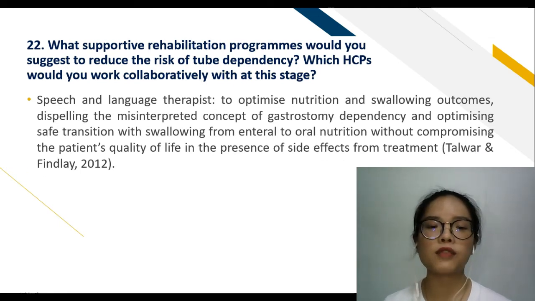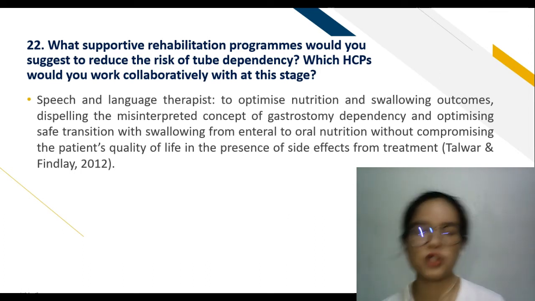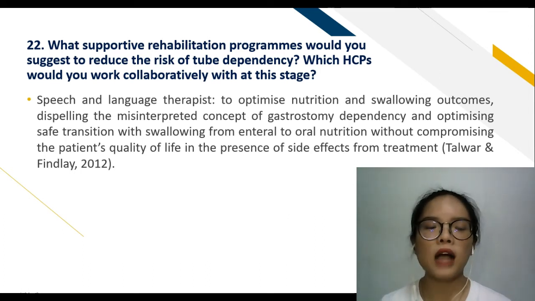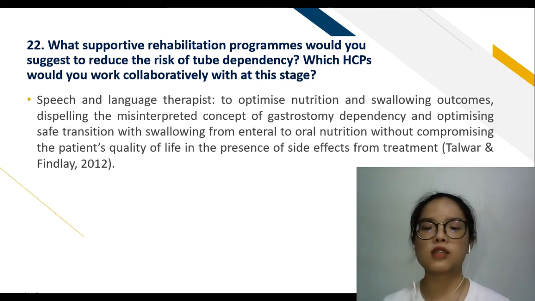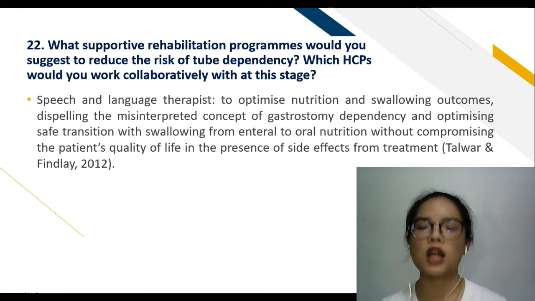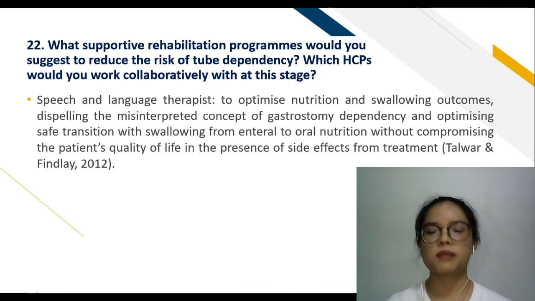The other supportive rehabilitation programs that I will suggest to reduce the risk of tube dependency for John are speech and language therapies. This is to optimize the nutrition and swallowing outcome, dispel the misinterpreted concept of gastrostomy dependency, and optimize the safe transition from enteral to oral nutrition without compromising John's quality of life in the presence of the side effects from treatments.